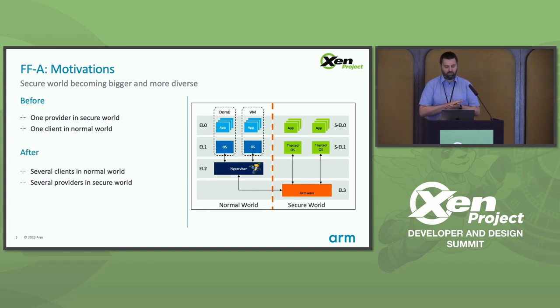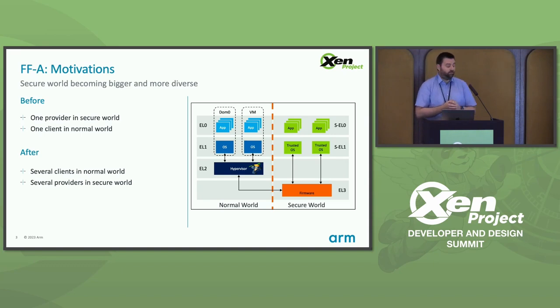But we see more and more new targets and new architectures built on TrustZone becoming more complex. The first part of it is that not only one VM needs to use secure services, but all VMs need to use them for several things, like encryption services, key management, secure payments, or DRM technologies, which are provided by the secure world.